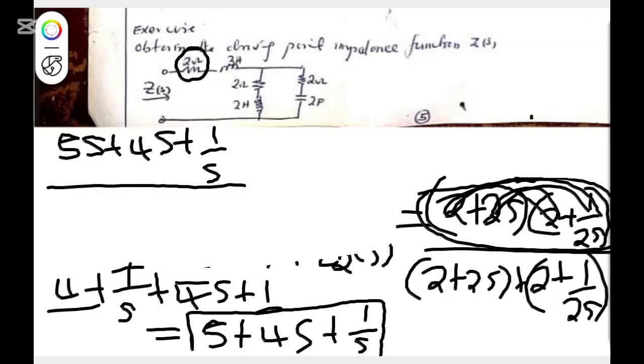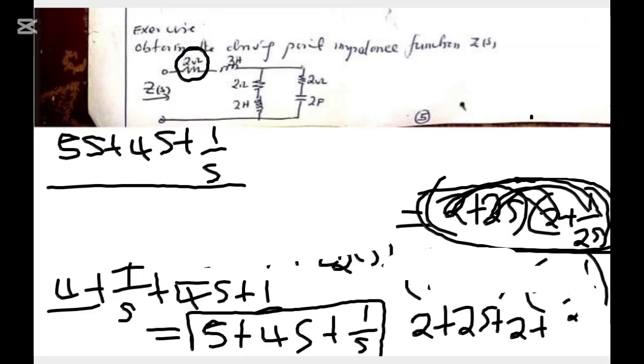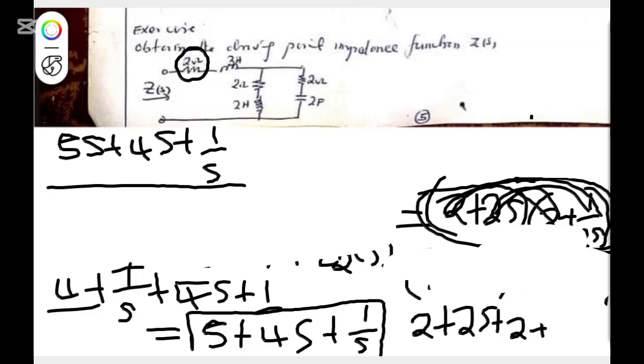If I am to solve this, 2 plus 2S plus 2 plus 1 over 2S.